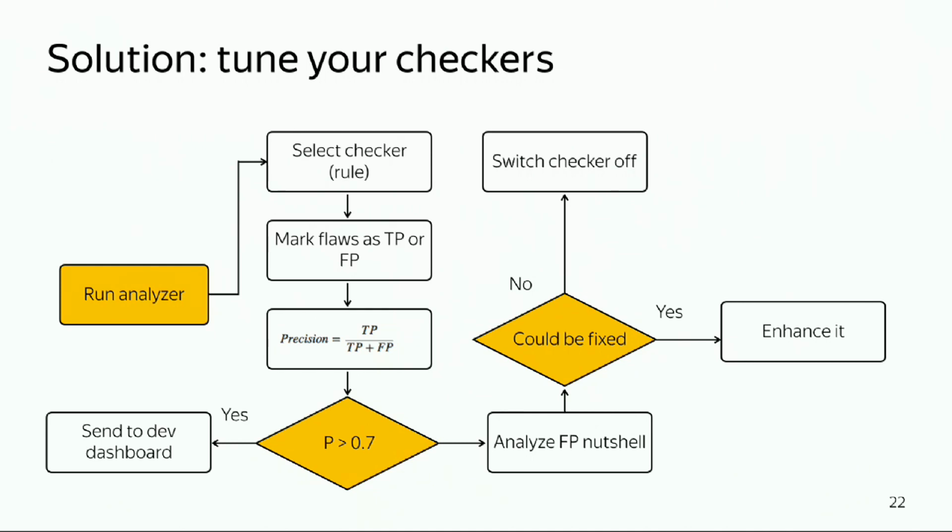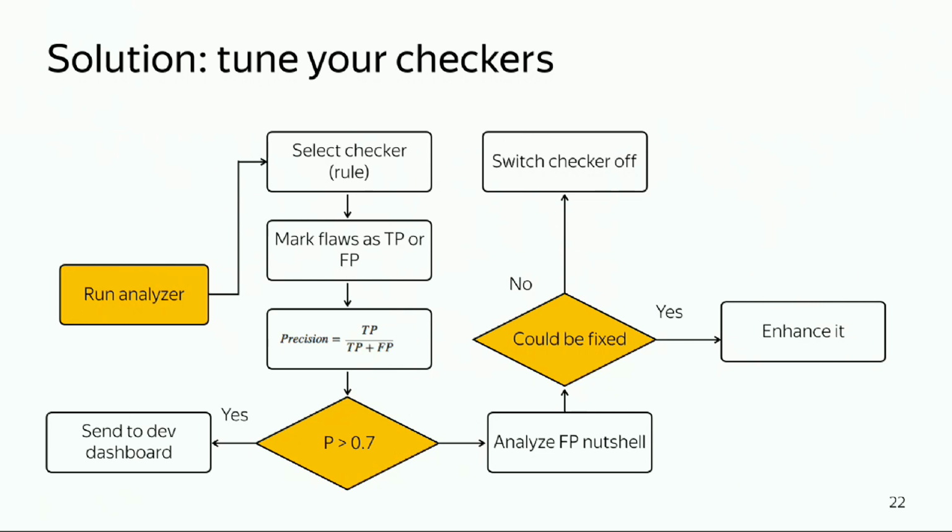After that, we counted the precision. For example, TP is the count of true positives, FP the count of false positives, and we just computed the precision metric, as you can see. And we switched off all rules which have less than 70% precision. All these false positive checkers we send to the developers of the static analysis tools.